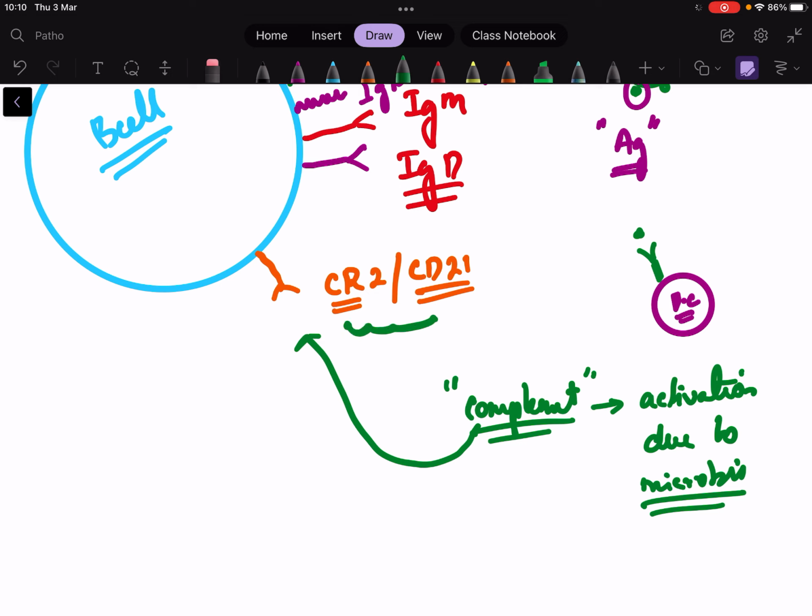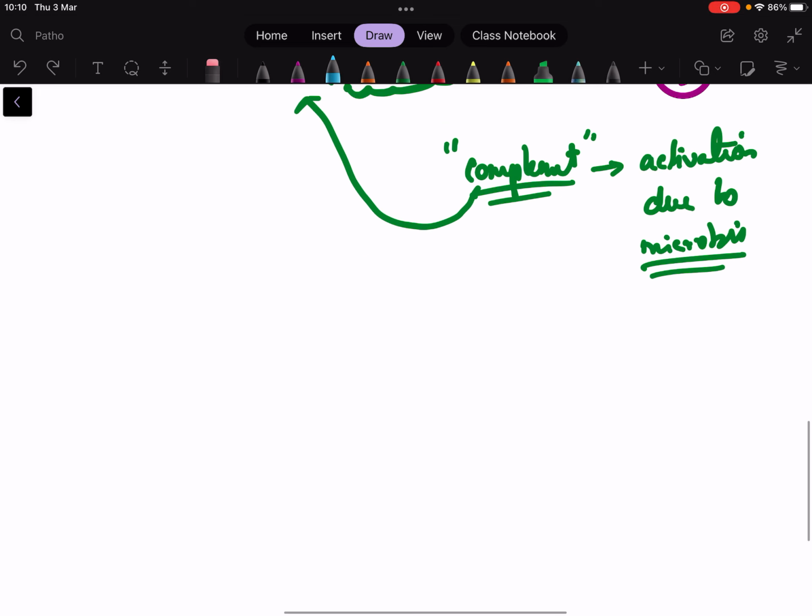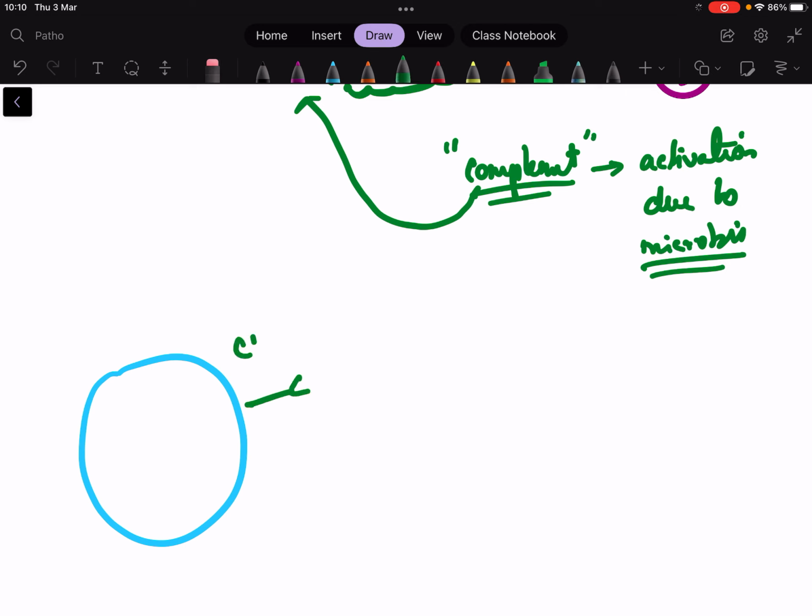The other significance of complement receptor type 2 or CD21 is this. I will draw the B cell again. So this is a B cell, and this B cell now has the complement receptor type 2 or CD21. Now there is a virus called Epstein-Barr virus.